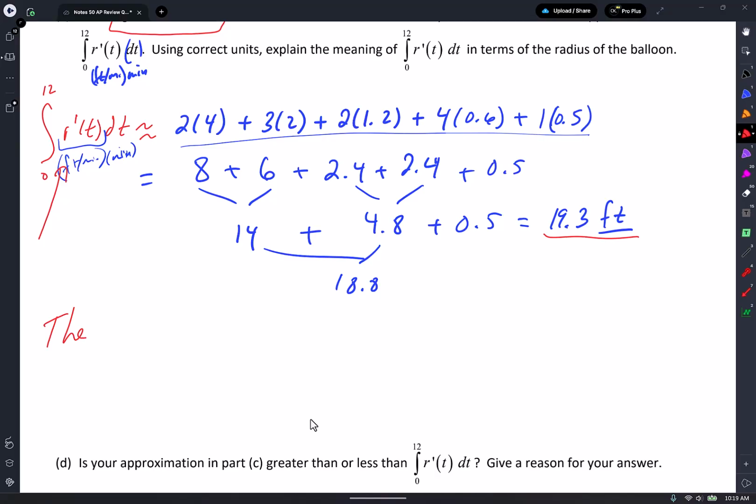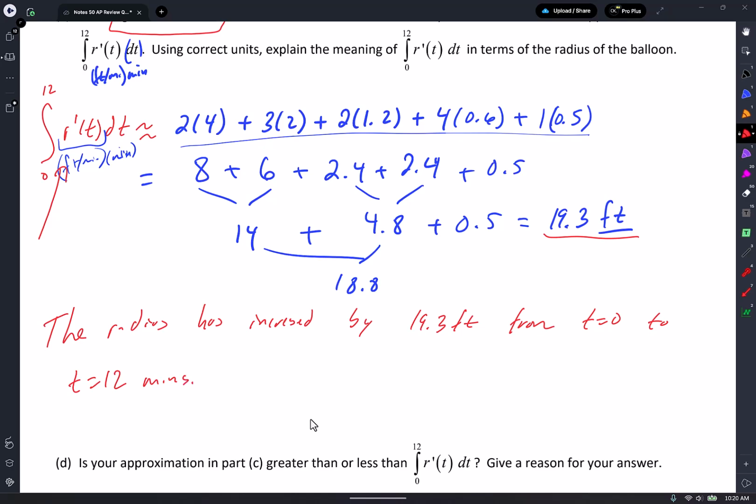Does that make sense? So the radius has increased by 19.3 feet from t equals 0 to t equals 12 minutes.